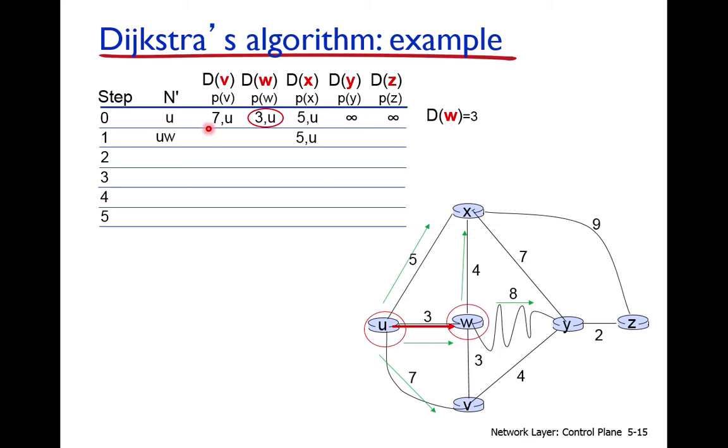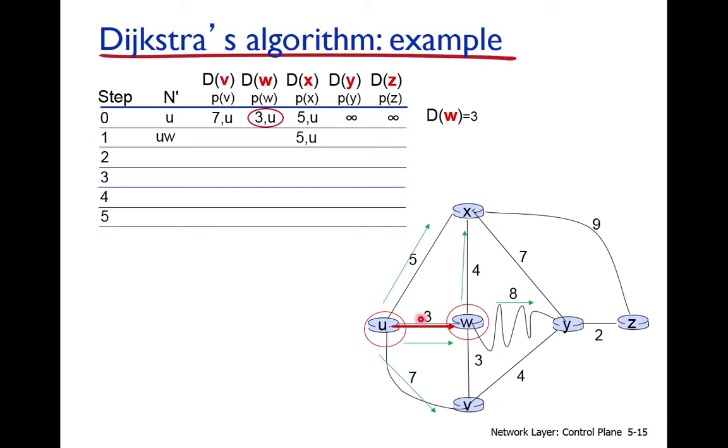And the already existing cost from U to Y is infinite. So the new explored value is smaller: 11 is less than infinity, so we will consider this lowest one.